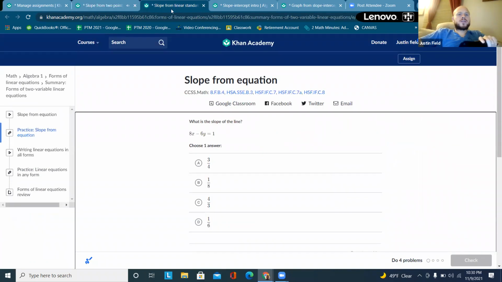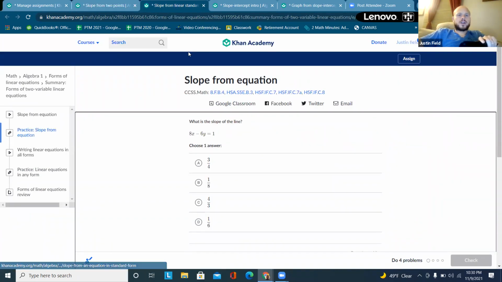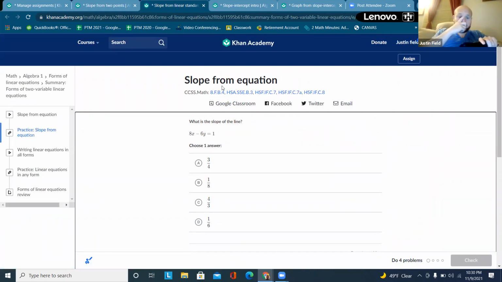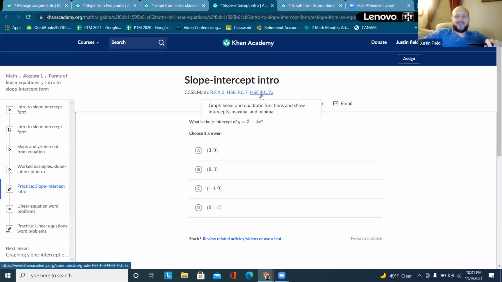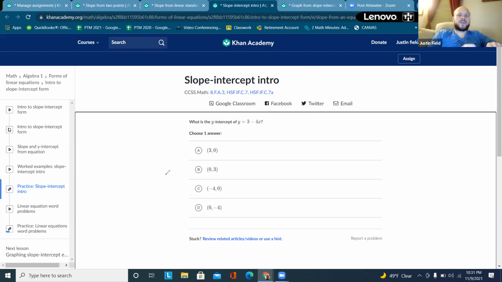All right. So now slope from an equation. Now, I don't know why they have it like this. I didn't show you slope intercept form first. So slope intercept form is how you find the slope of an equation.